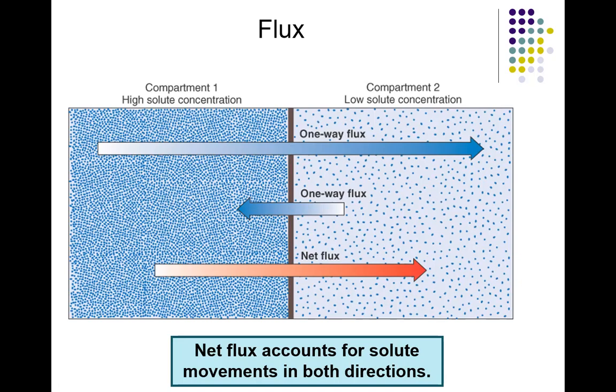We would see this net flux going from high to low until it reached equilibrium. And then once it gets to that equilibrium where it's equal on each side, those one-way fluxes would end up being the same because there's no net flow, because they are now equal in concentration.